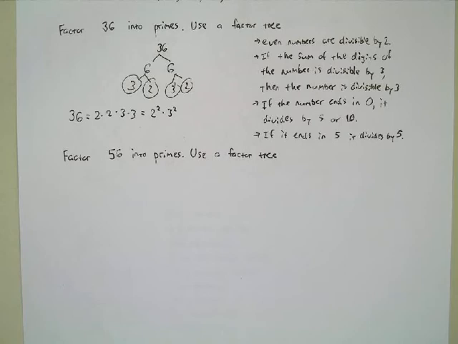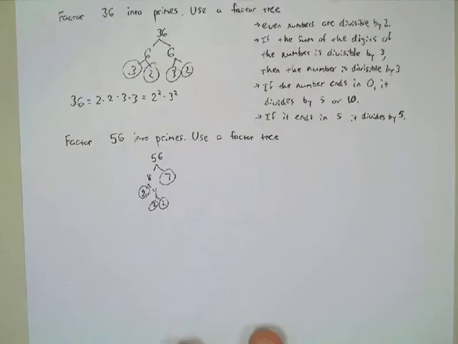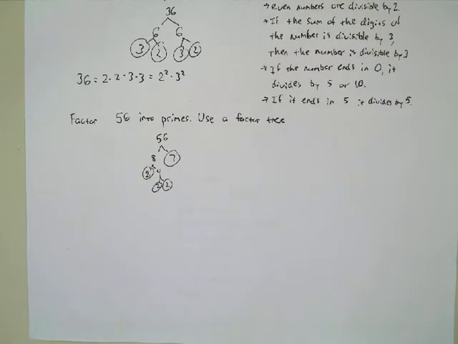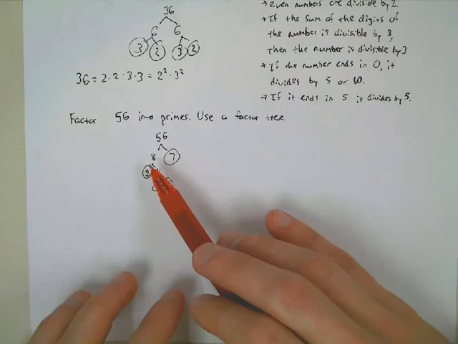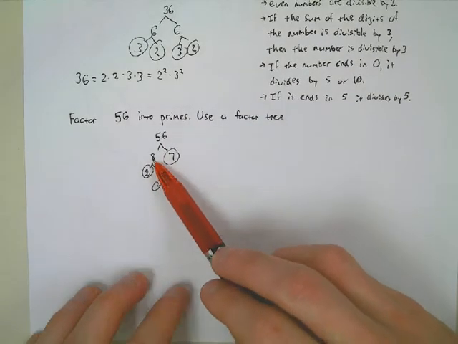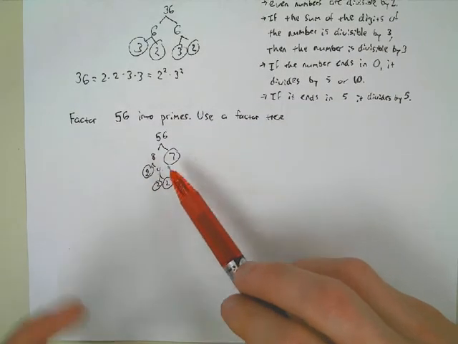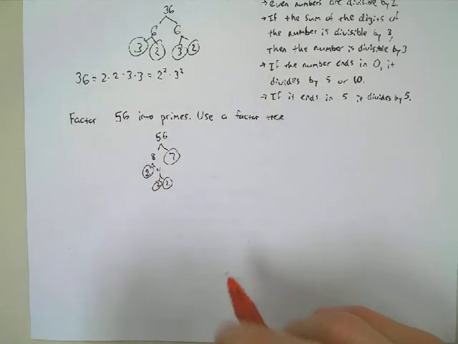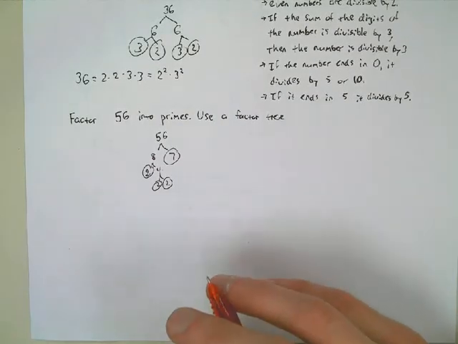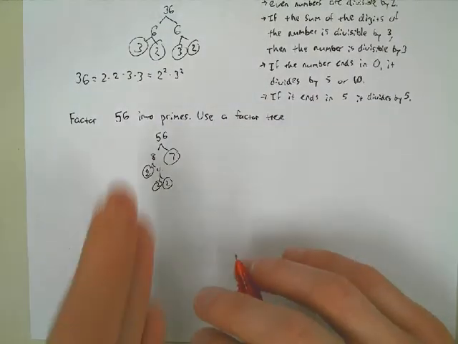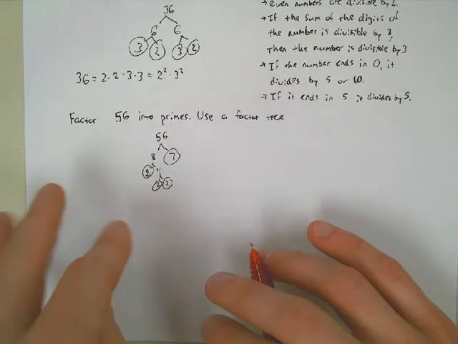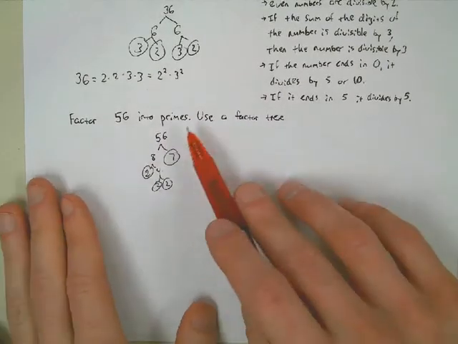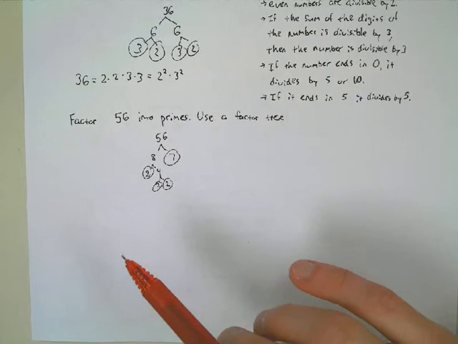So there is what we should have gotten, or something like that. You might have broken yours down differently. Maybe you did 56 breaks down into 2 times 28, and then you broke the 28 down further. That's fine. But regardless of the path you choose, in these kinds of cases with primes, as long as you're continually dividing by numbers that you can, you'll end up with the same situation here.